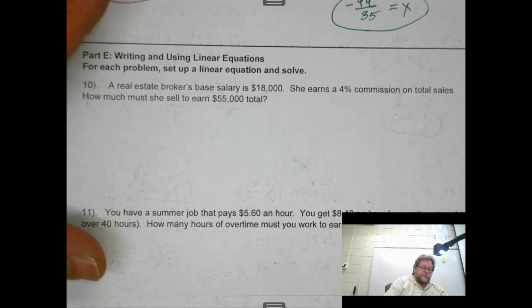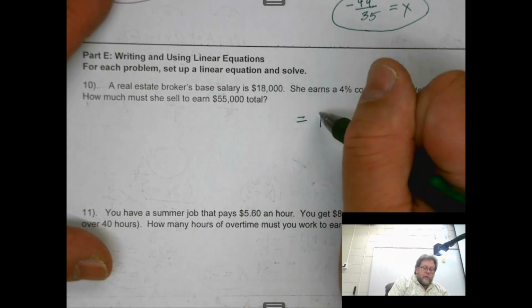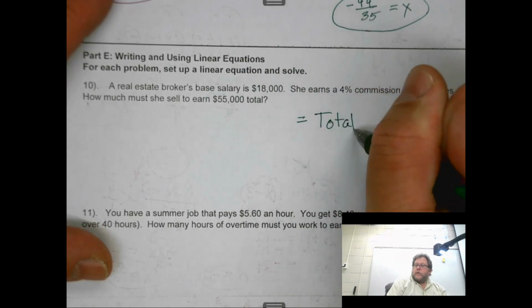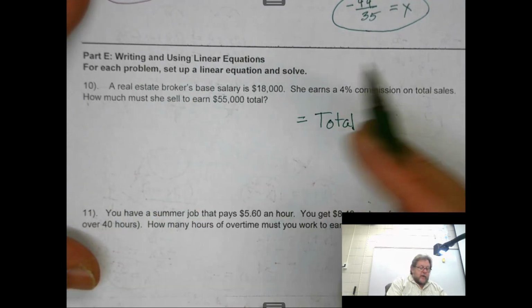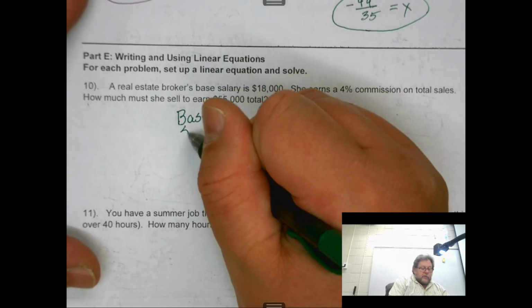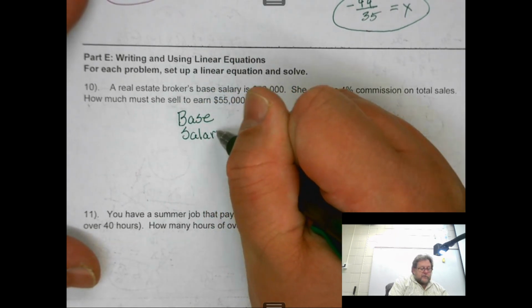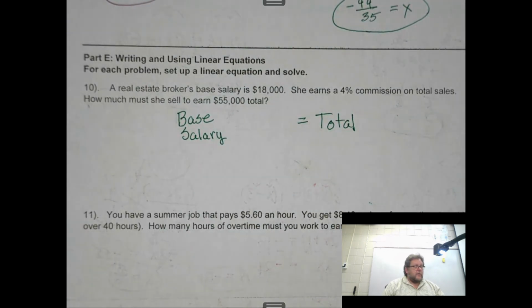We don't go up to our boss and say, 18,000 plus X equals her 55,000. So we have to make a verbal model. So it's her base salary, and then she also gets a commission, whatever percentage it is. That equals her total salary.